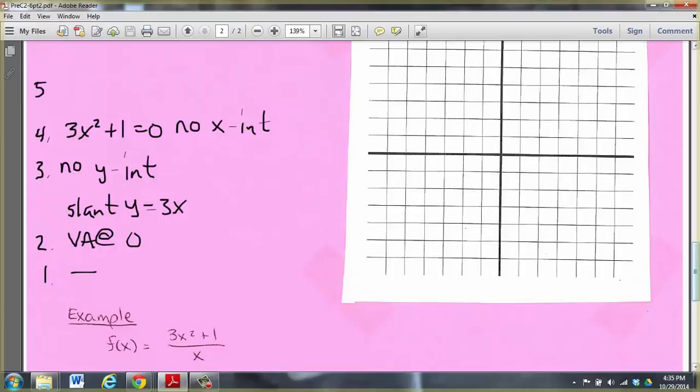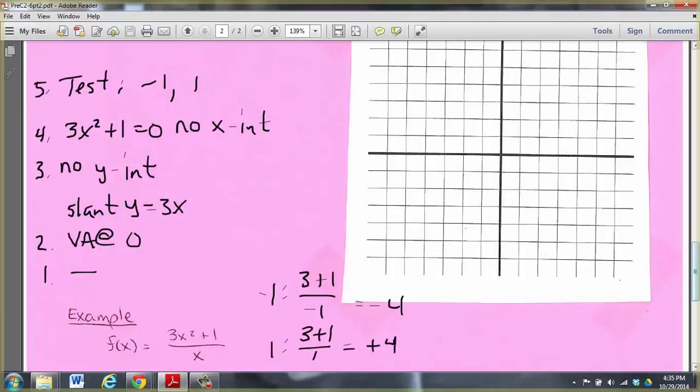Well, if the vertical asymptote is at 0, we should test -1 and +1. When I plug in a -1, I end up with a 3 plus 1 over -1, which is -4. When I plug in a 1, I end up with 3 plus 1 over +1, which is a +4.